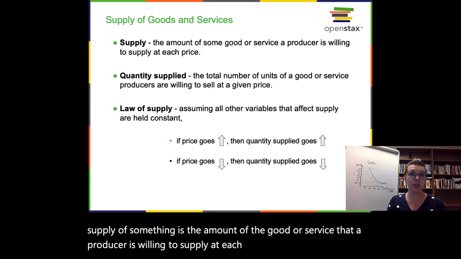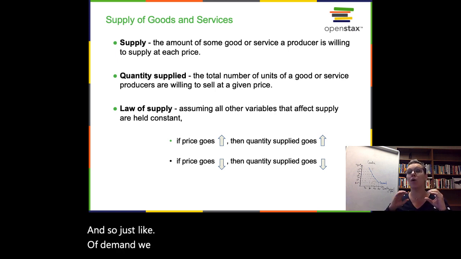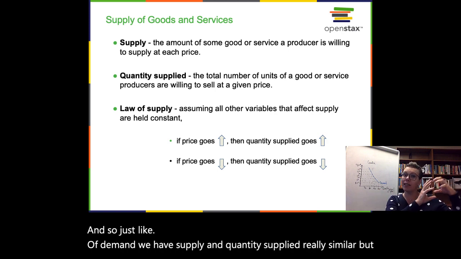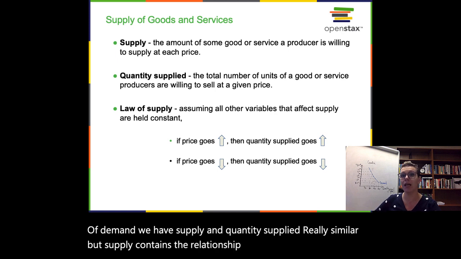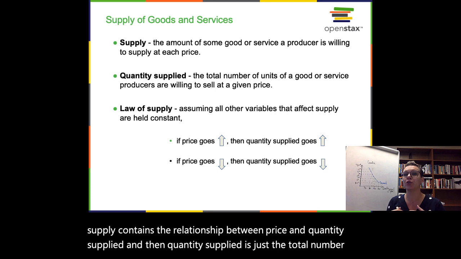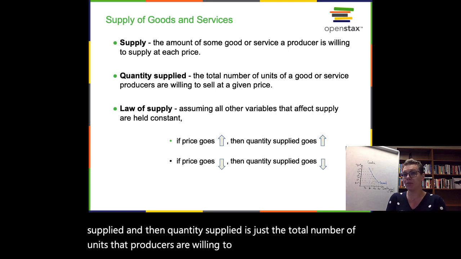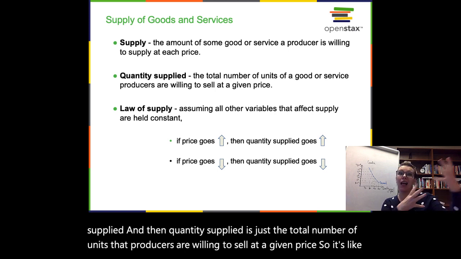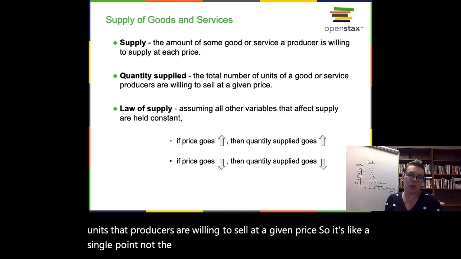And so just like with demand, we have supply and quantity supplied. Really similar, but supply contains the relationship between price and quantity supplied. And then quantity supplied is just the total number of units that producers are willing to sell at a given price. So it's like a single point, not the whole curve or schedule.